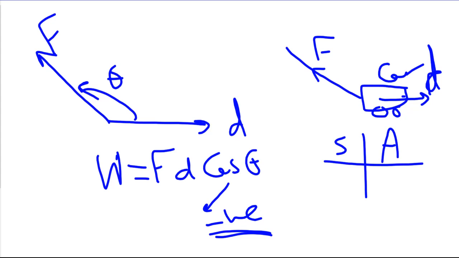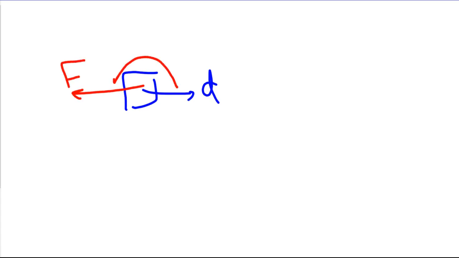Work is also negative in another position. If you have an object here and it's moving in this direction and the force in this direction, so the angle between them is 180, and cosine 180 is equal to -1. So the work is negative, like friction force.